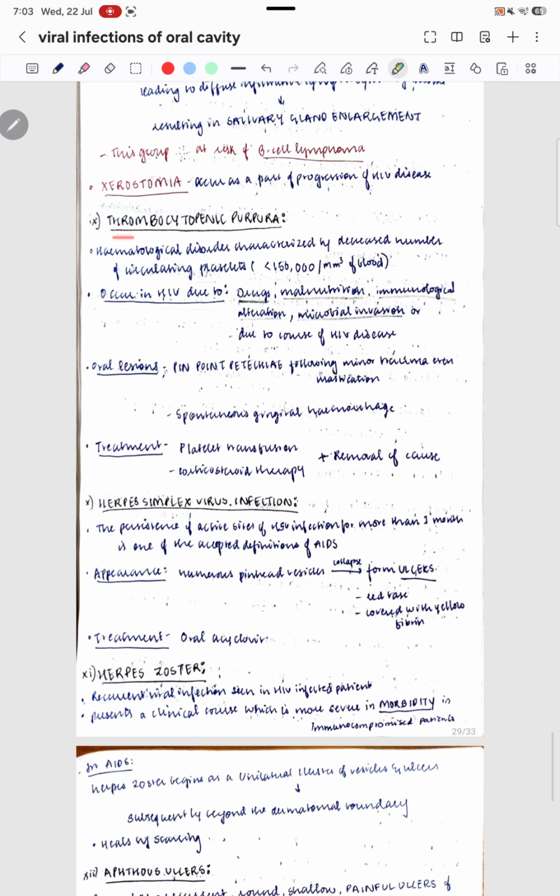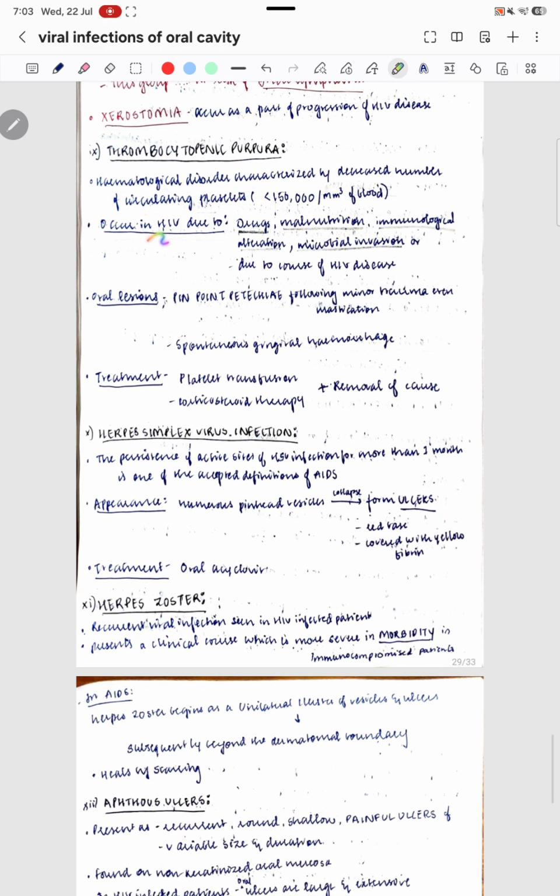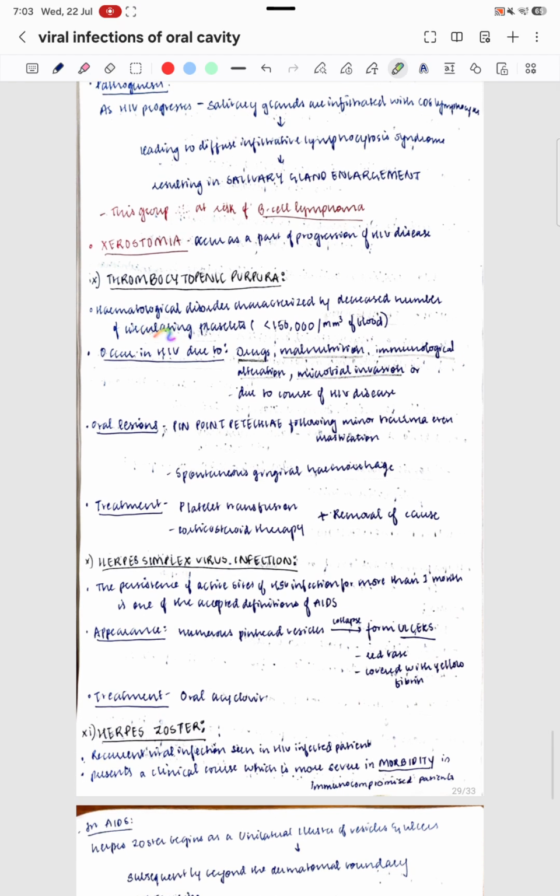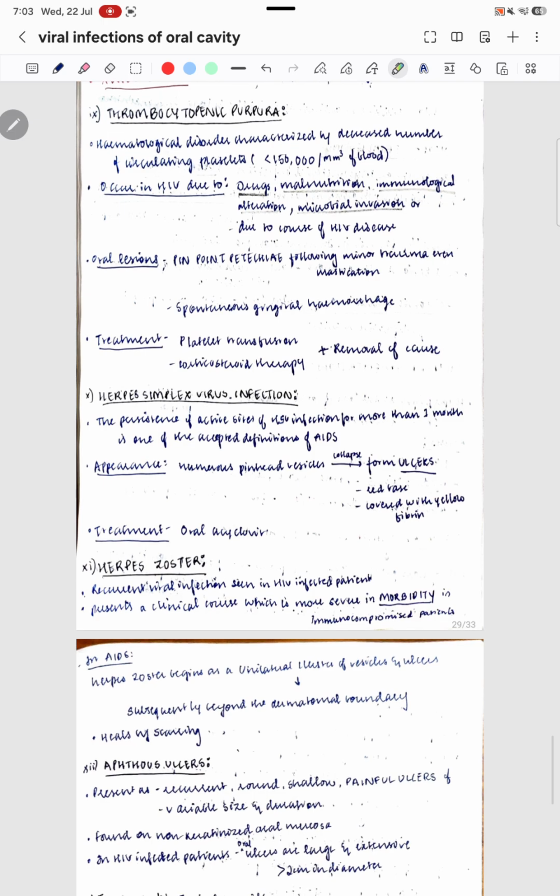Then thrombocytopenic purpura, a hematological disorder characterized by a reduced number of circulating platelets, occurs in HIV due to drugs, malnutrition, immunological alteration, microbial invasion, or due to the course of HIV disease.